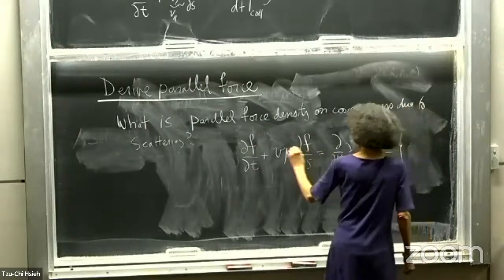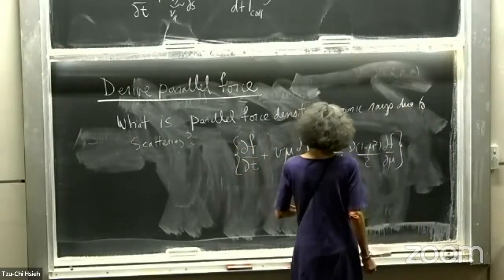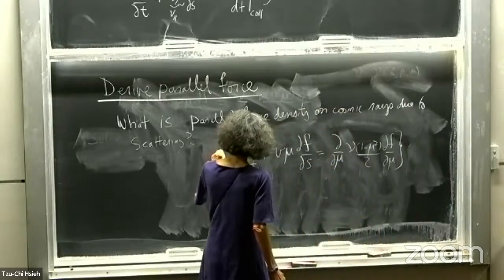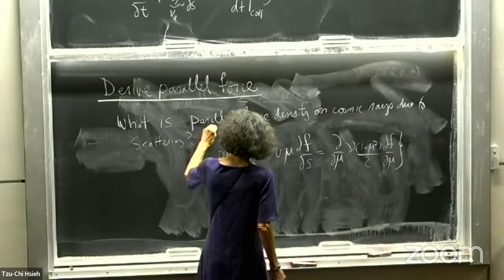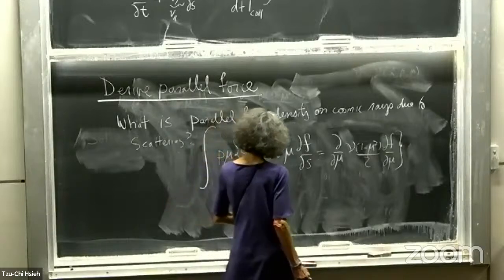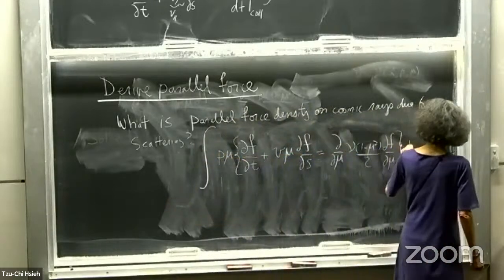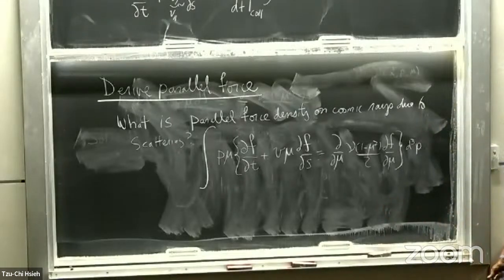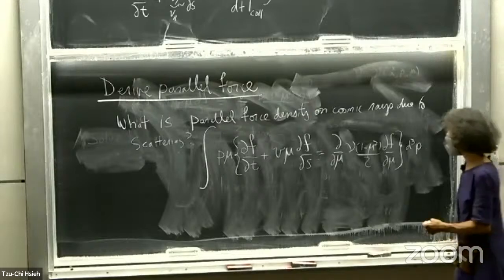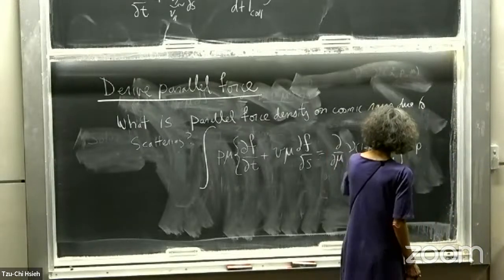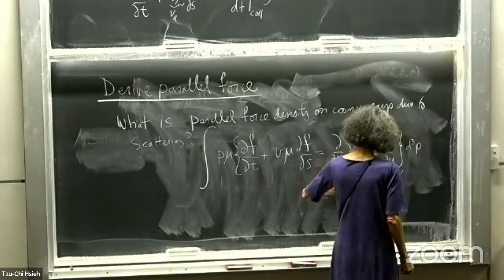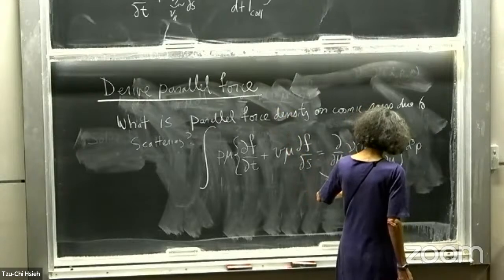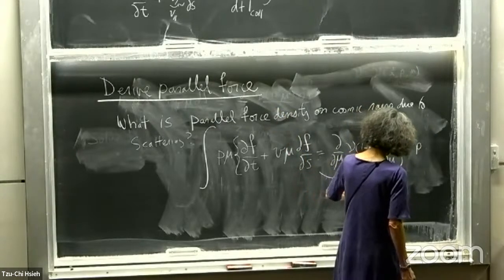We're going to take this whole thing, multiply it by parallel momentum, p mu, and integrate it over p space. So that will give us an evolution equation for parallel momentum. And the piece we're interested in is this piece, because it's the parallel force due to scattering. So let's focus on this.